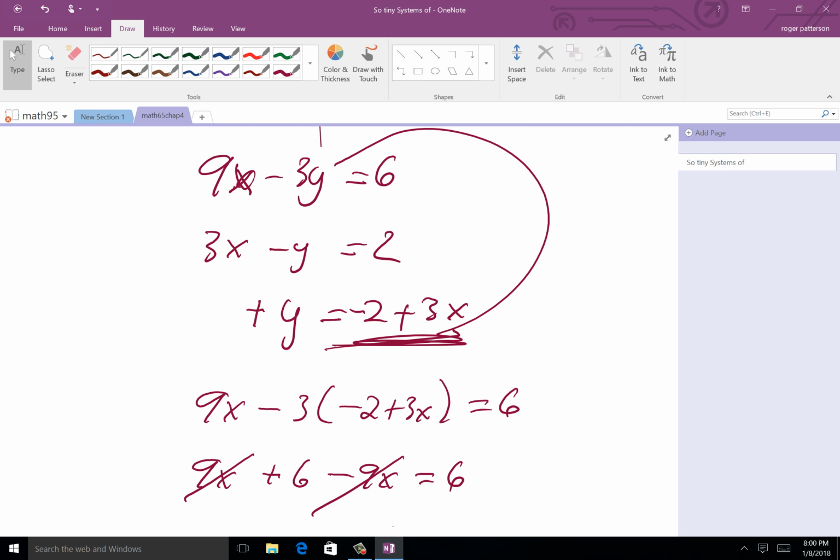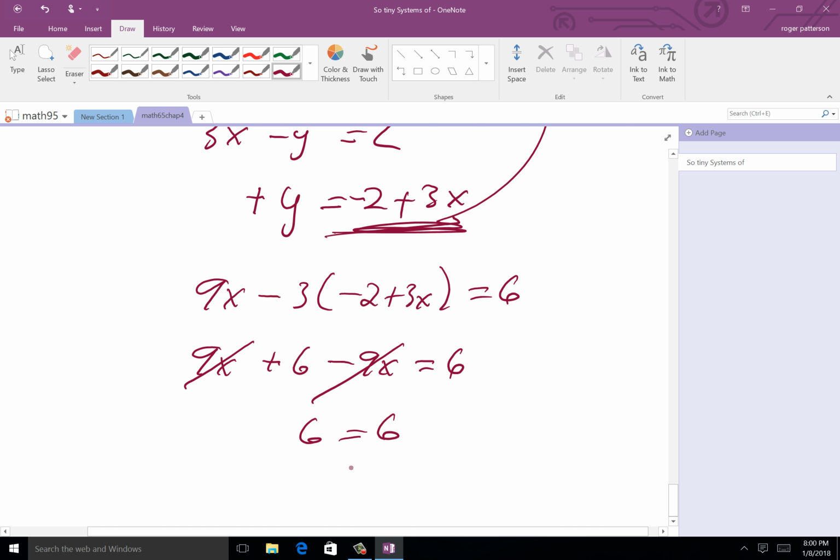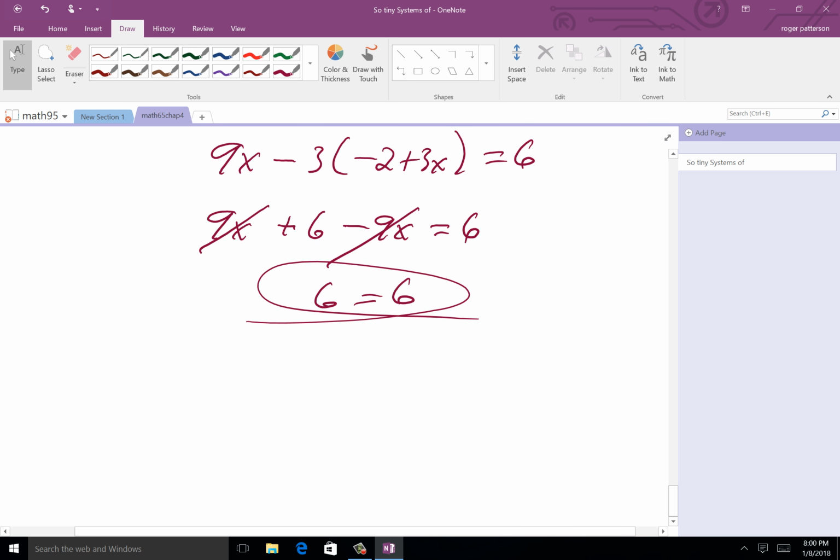Okay. So when you have a situation where you get what is called a true statement down here, 6 equals 6, and you graph it, and the lines are the same, then how many answers do we have? A whole bunch of answers, okay? So here's what you do. You put some little squiggly bracket, then x comma y in parentheses with a colon.